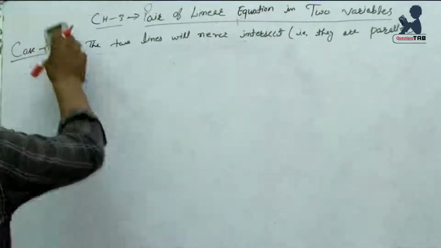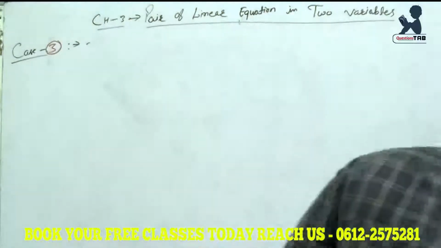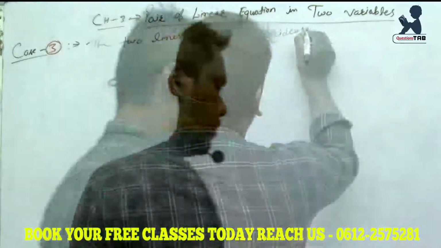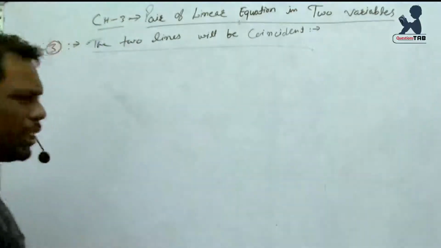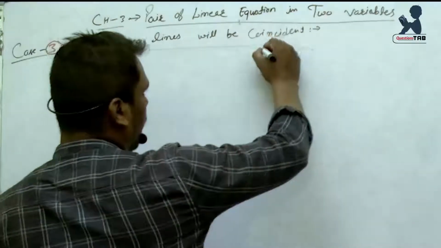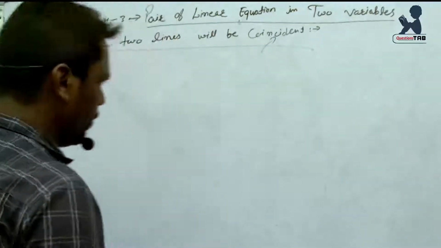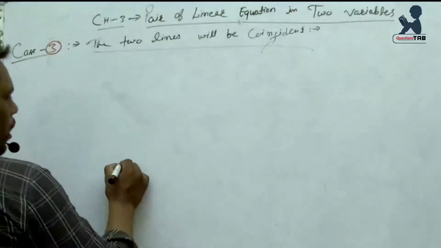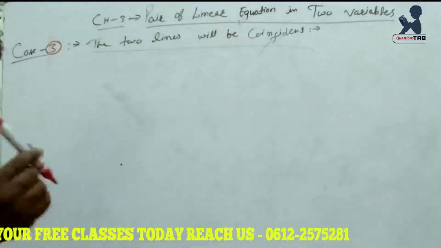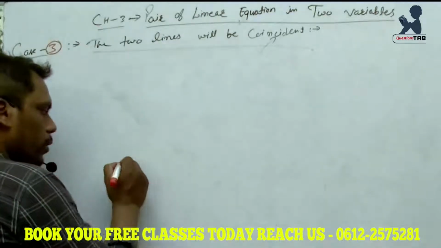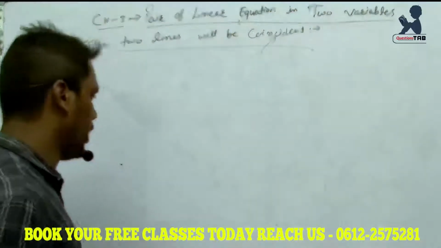Okay, so let's move on to the third case, in which the lines are coincident. So here one new word to take note of is coincidence. So what is coincidence? If we draw a point, and on that point we draw another point, then these two points are called coincident points.